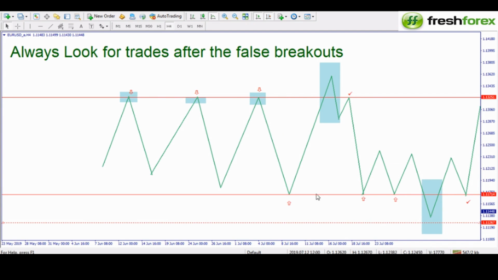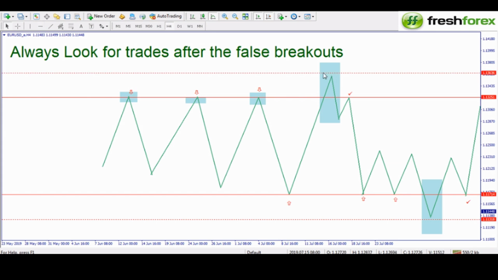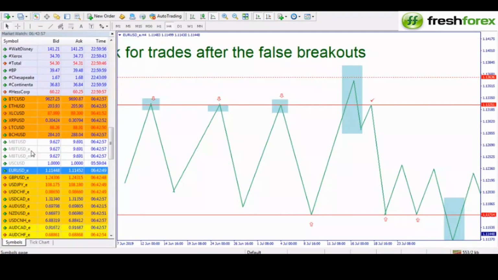Have your stop loss below the entire false breakout itself. So this is one way false breakout can happen. It may break above a resistance simply like that, or it may break below a support. That's one way. The other way is what I'm going to draw for you now.